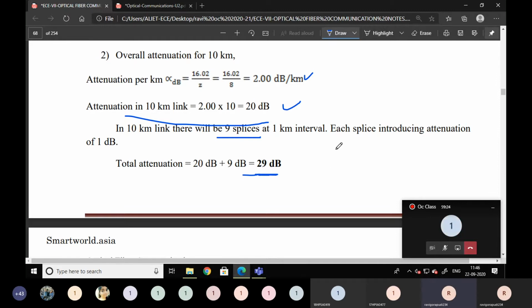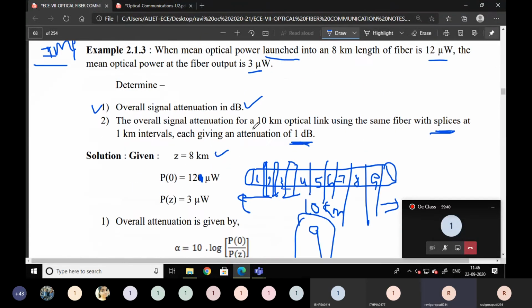Copy this one, all of you. Per kilometer, we are getting 2 dB, and for 10 kilometers, 20 dB. This is without splices. What he is saying is, I am using splices. He is saying overall signal attenuation for 10 kilometer optical link using the same fiber with splices.